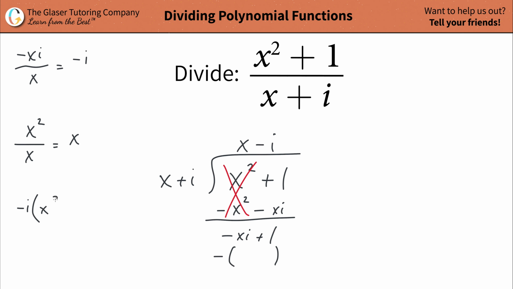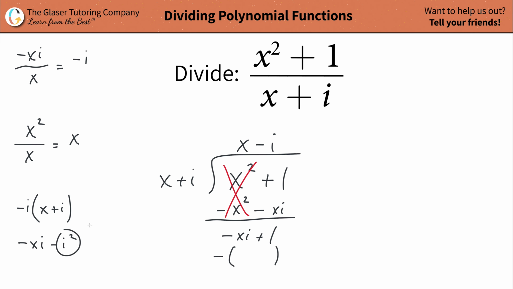So that's going to be negative i times x plus i. Then do your distribution. Okay, so this is going to work out to be negative... Oh my God, it's one of those days, ladies and gentlemen. Then you're going to take the i and multiply it to the x, so it's going to be minus xi. And then it's going to be a minus i squared. Cool?